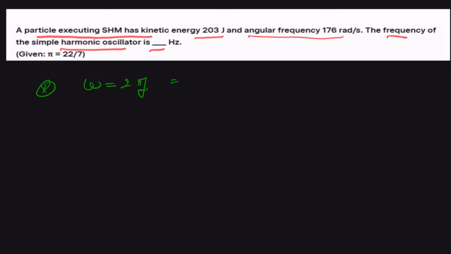Now we can say that f is equal to omega upon 2 pi. So we get this as 176 upon 2 into 22 upon 7, and this gives us 28. So this was quite easy, straightforward.